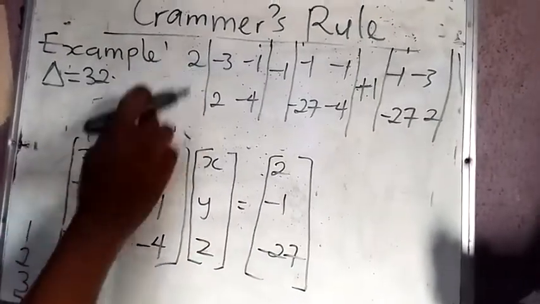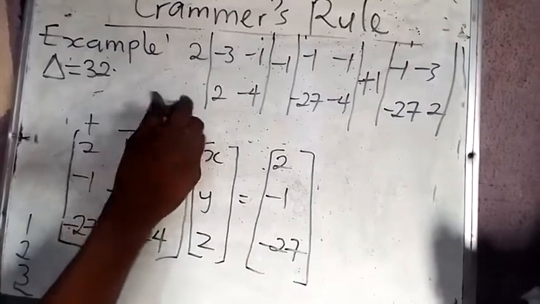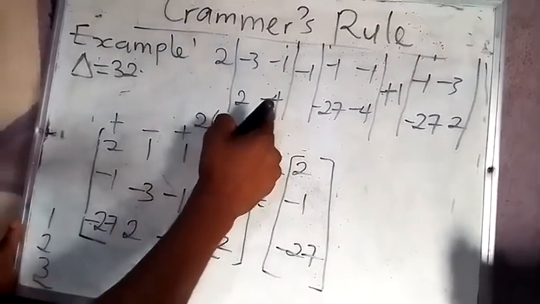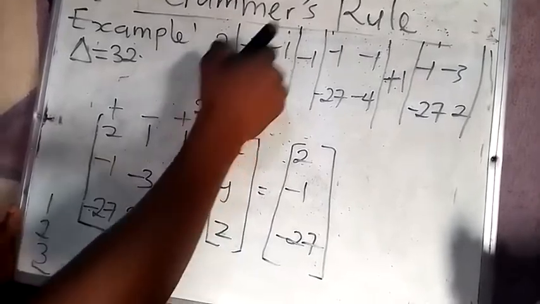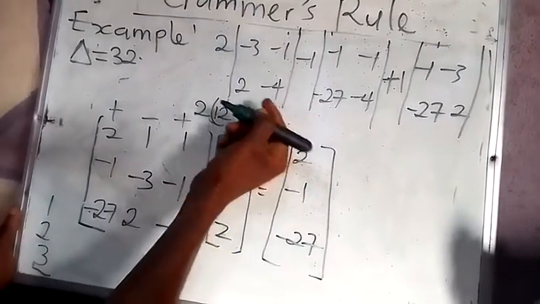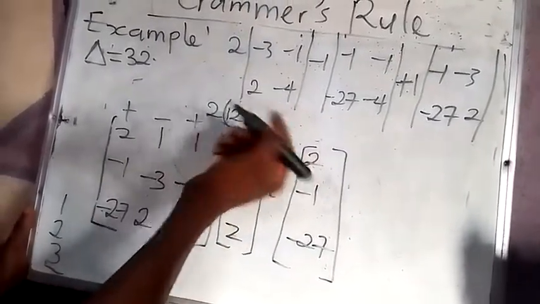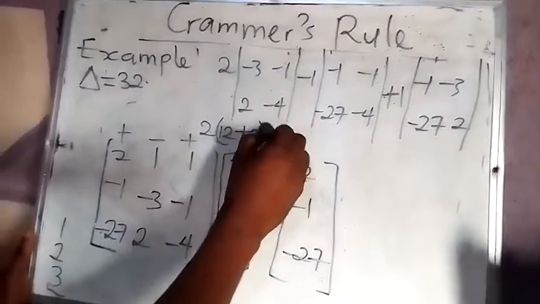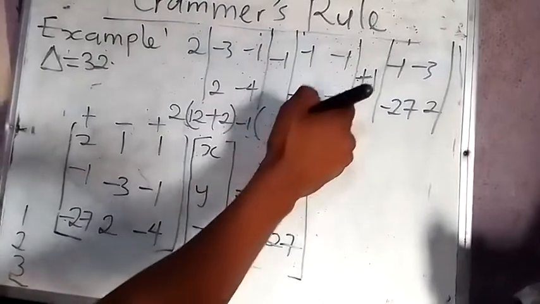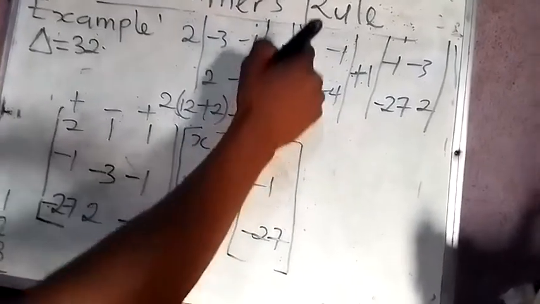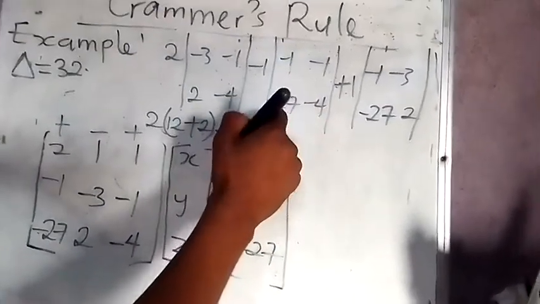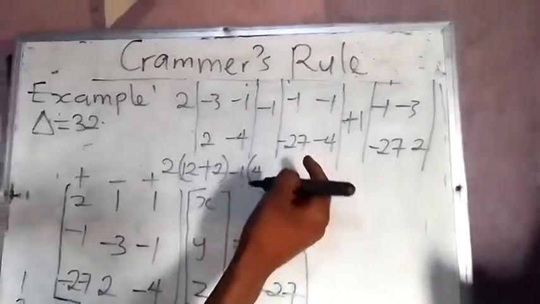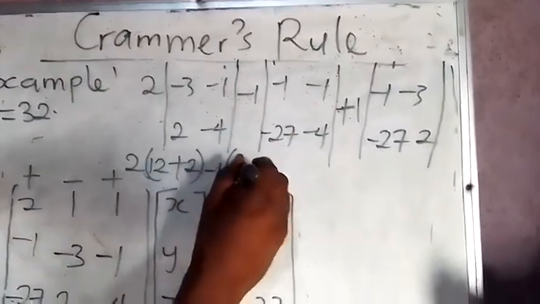So, the same way, 2 open bracket, minus 3 times minus 4, that's 12. 2 times minus 1, that is minus 2, but the minus that is going to be there before that makes it plus 2. Minus 1 open bracket, minus 1 times minus 4, that is 4, because minus times minus is plus. Minus 27 times minus 1, that is 27, but don't forget your minus.